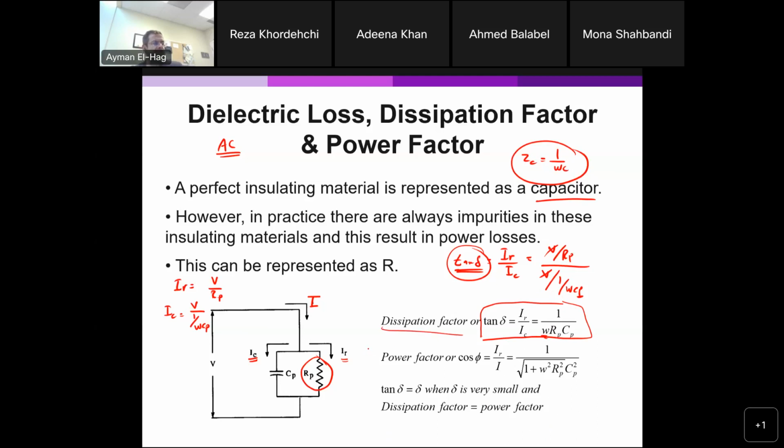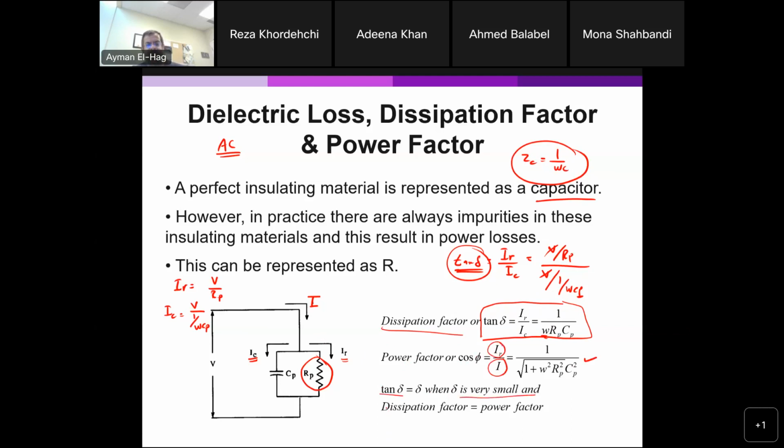We have also, along with that, the power factor. Power factor, as any power factor, is the resistive part divided by the whole current, which is equal to this. Now, tan delta is equal to delta when the angle is very, very small.